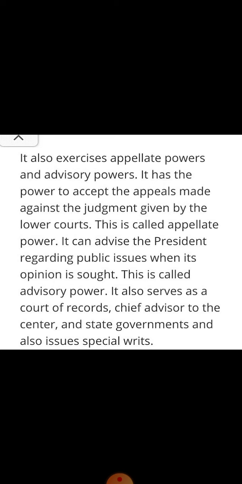Next, it can advise the president regarding public issues when its opinion is required. The opinion given on public issues is called advisory power. It also serves as a court of record, chief advisor to the center and state governments, and also issues special writs. These are the important powers of the Supreme Court.